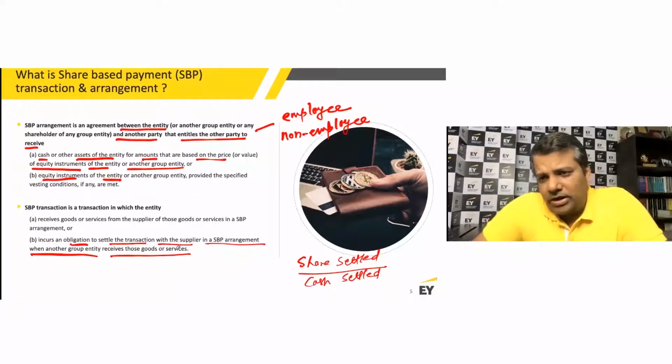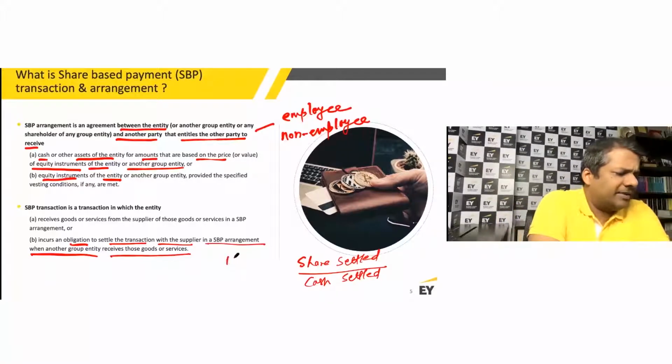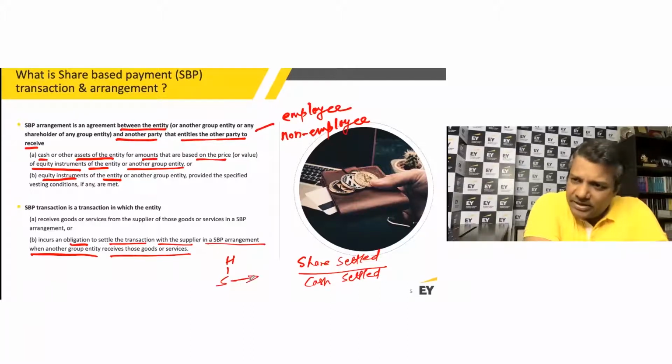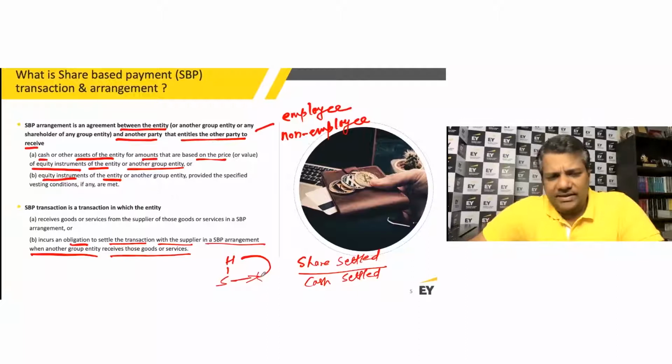So it is also possible that you have entered this arrangement for the benefit of the employees of your subsidiary, or with non-employees who are benefiting your subsidiary, and so on. If you have a holding-subsidiary structure, you may receive the stock option of the subsidiary itself if you're an employee of a subsidiary, for example, or the holding company may give it to the employees of the subsidiary. All kinds of possibilities exist here.